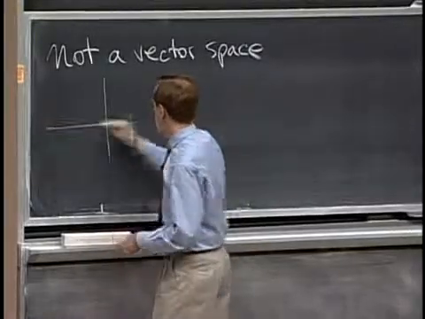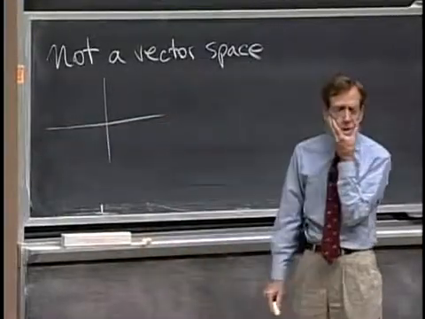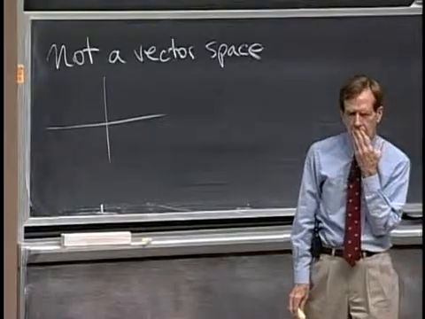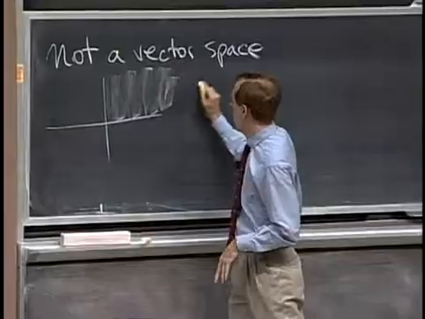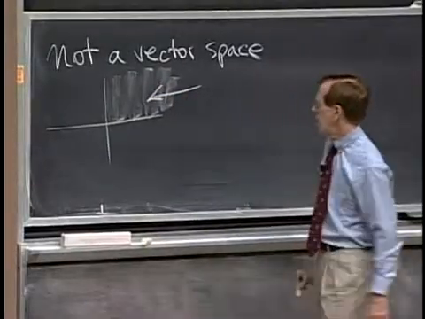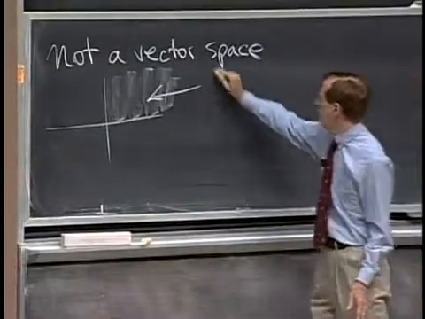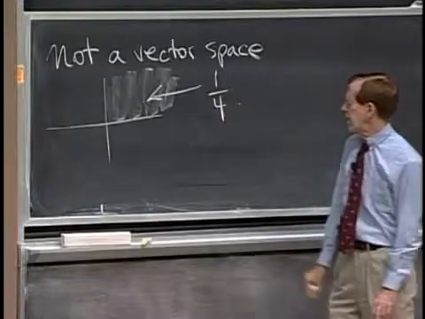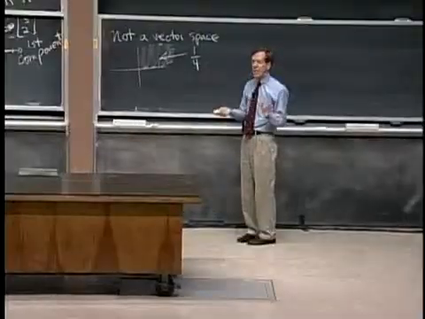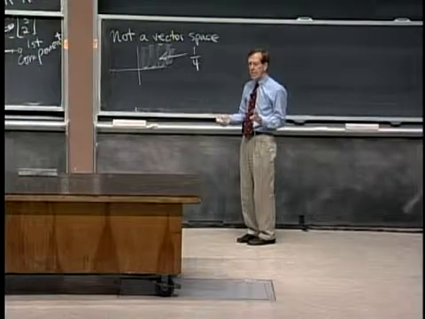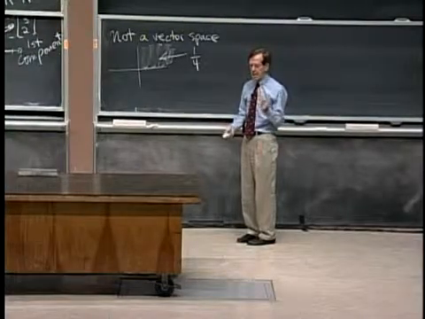Suppose I take the xy plane. So there's R2. That is a vector space. Now, suppose I just take part of it. Just this, 1/4 of the vector space: all the vectors with positive, or at least not negative, components.